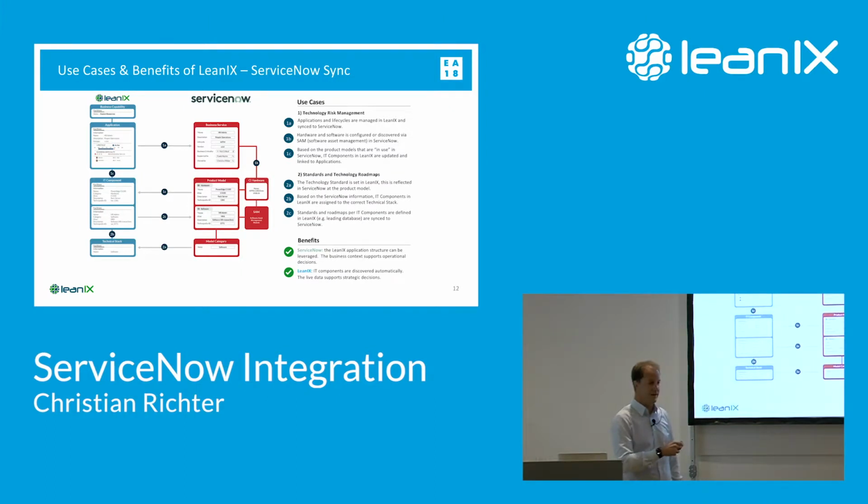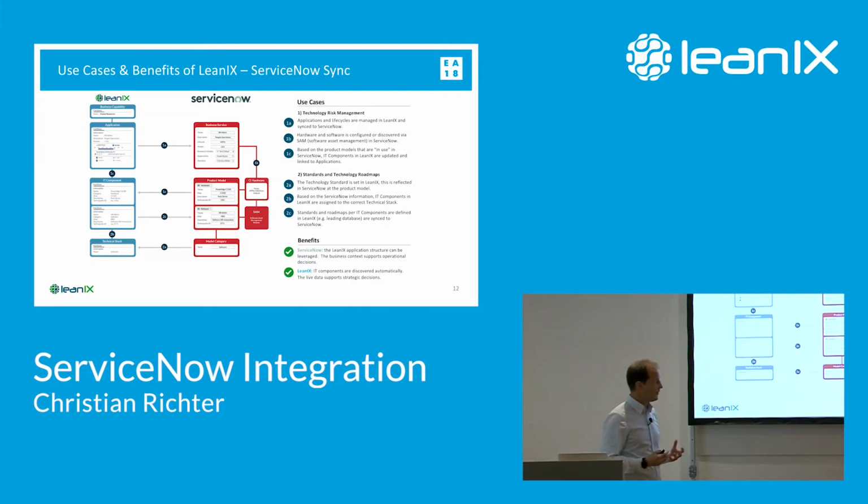So I can define that here as a standard, make it visible here. Is it a standard? Is it approved? Is it not approved? And then do the analysis of how many cases we actually have violations of that. Because we probably figured out that Oracle 11g is not the right way to go at the moment, and we should do something here. So this is how this plays together.